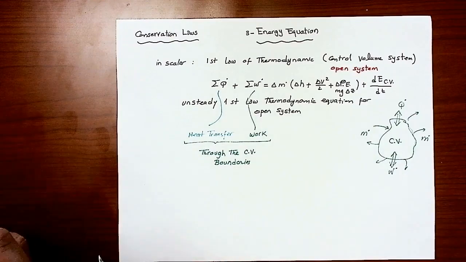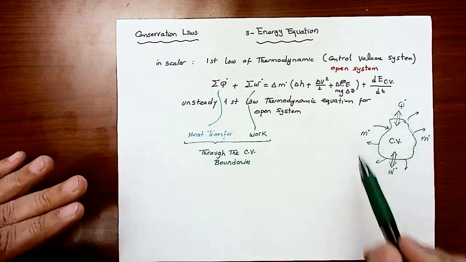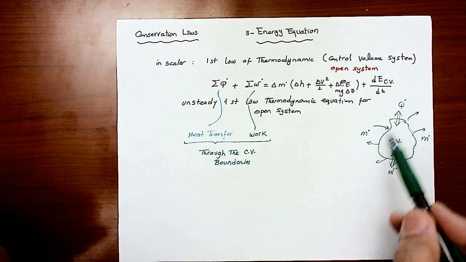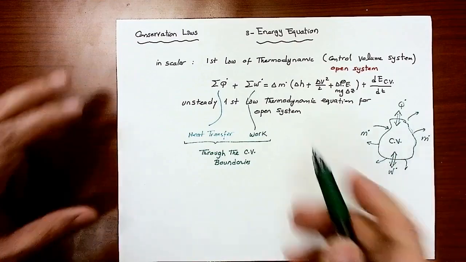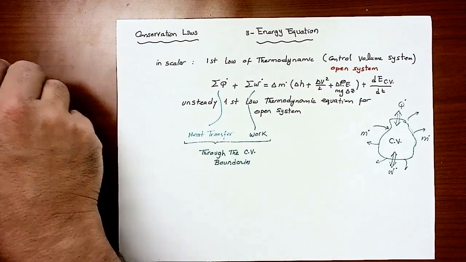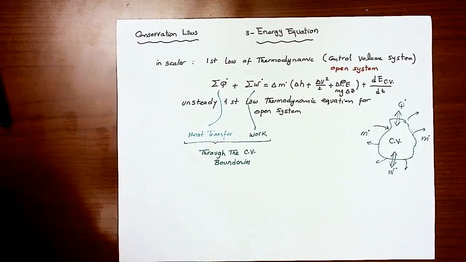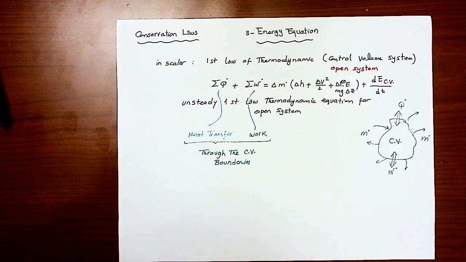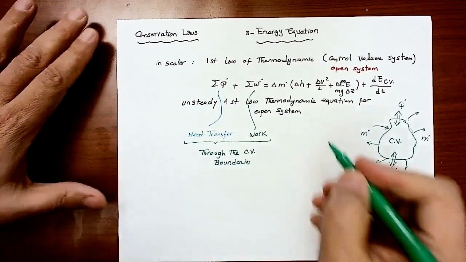that can be presented by the different terms here. So again, the total heat transfer and work going through the boundary of the control volume should equal the energy change by fluid flow in and out.